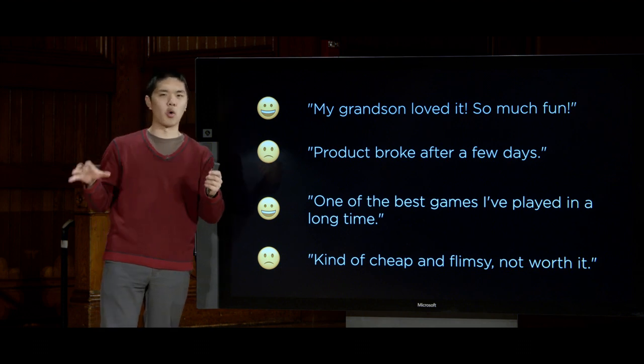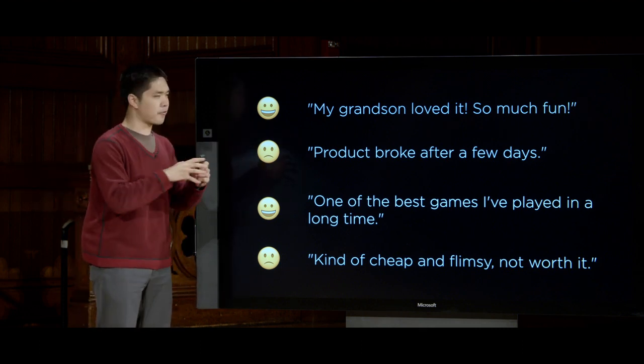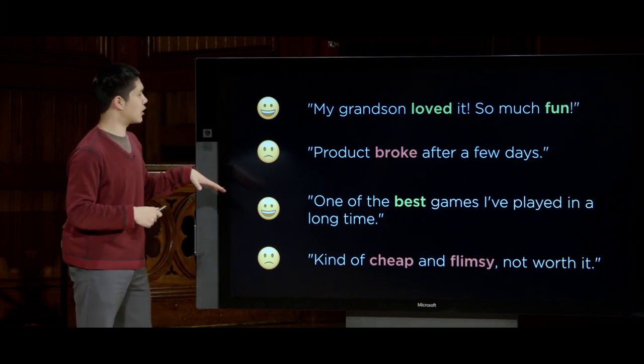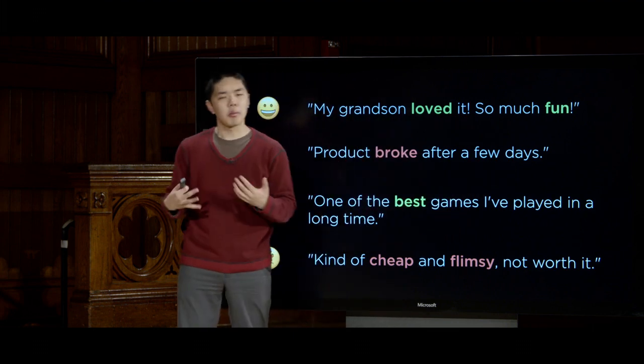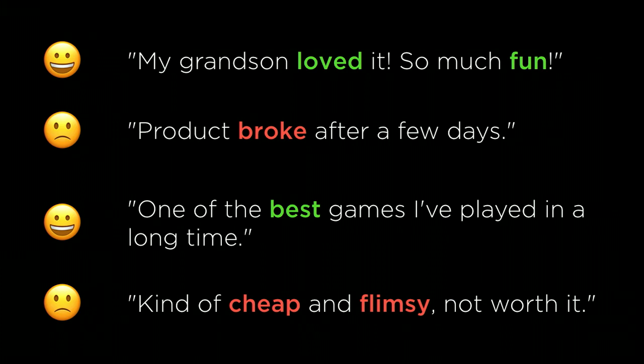For now, we're going to ignore the structure and how the words are related to each other, and we're just going to focus on what the words actually are. So there are probably some key words here, words like loved and fun and best. Those probably show up in more positive reviews, whereas words like broke and cheap and flimsy, well, those are words that probably are more likely to come up inside of negative reviews instead of positive reviews.